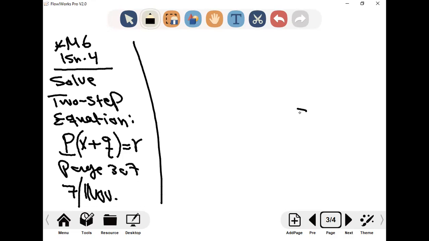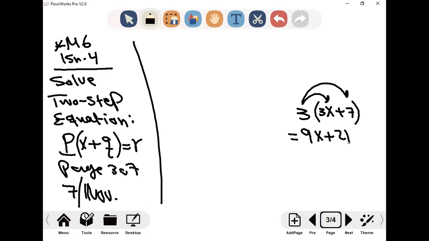We took something like 3 multiply 3x plus 7. We expand the 3, we distribute it by multiplying: 3 by 3x, 9x, plus 3 by 7, 21. We did that before, and we call it expansion, or the distributive property. So the first step is to get rid of this parenthesis by distributing the P over the parentheses.